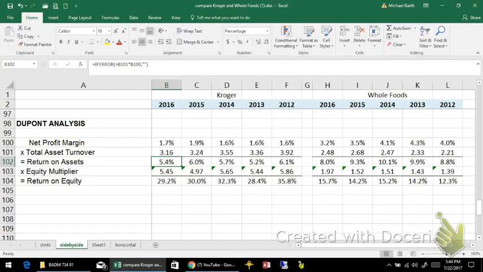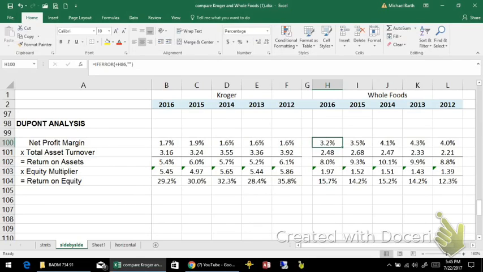So in the end, it isn't enough to increase their return on assets over the top of Whole Foods, but it brings it closer. All right, in 2016, about 5.5% compared to 8%, when the net profit margin is actually about half as much as Whole Foods.